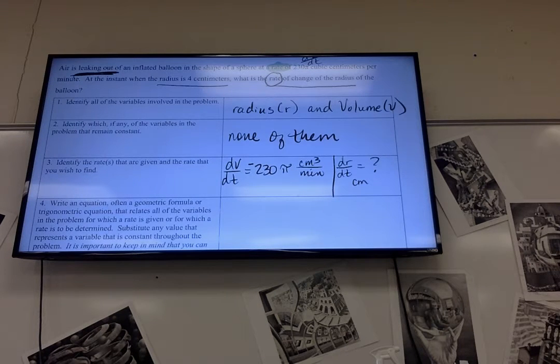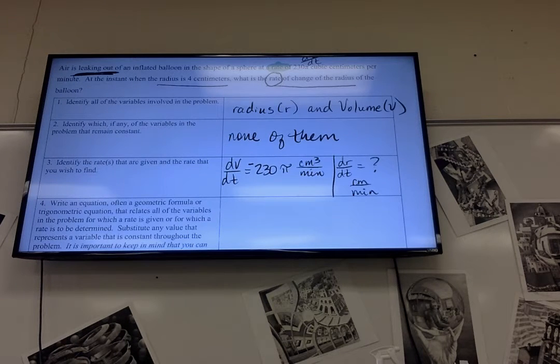Area is always squared. This is not an area, this is a radius. When you measure a radius, it's just flat, one dimension. So it's just centimeters over minutes.